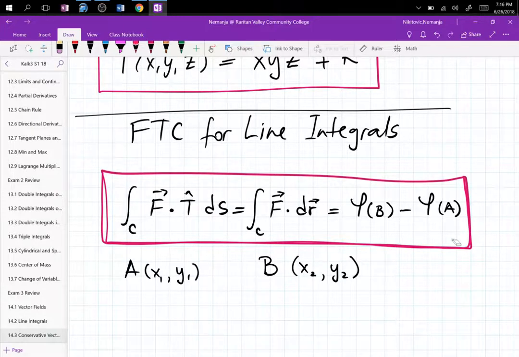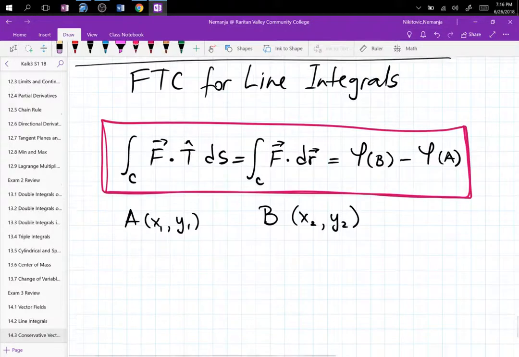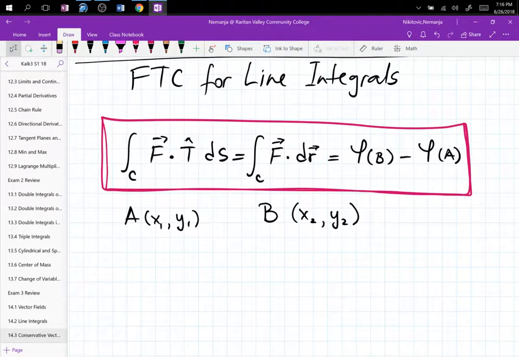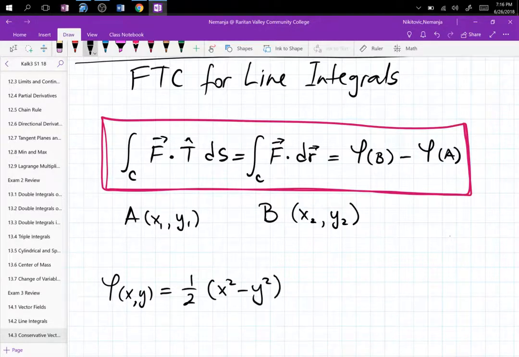Guys, focus. Look. Let's say that your phi of x, y worked out to be 1/2 x squared minus y squared, and you had the vector field x, negative y.